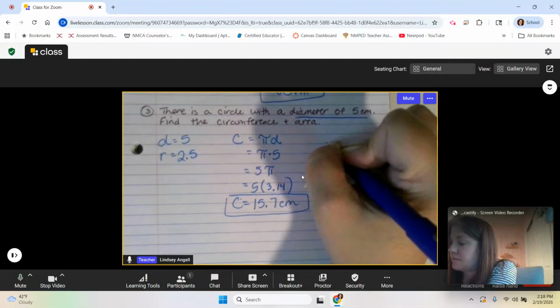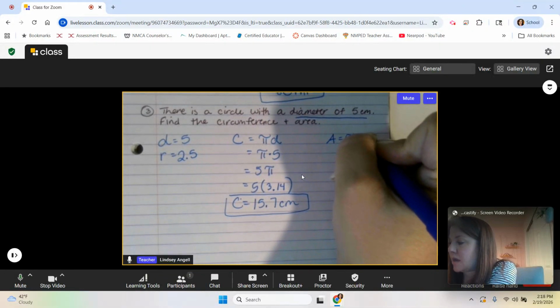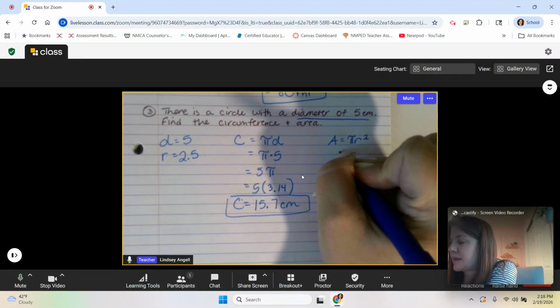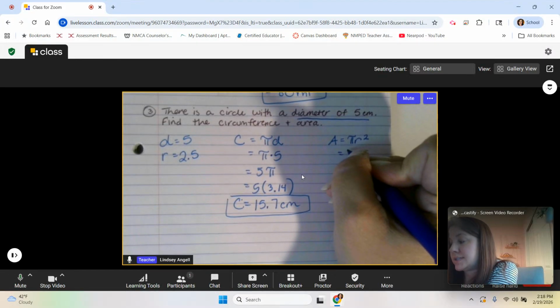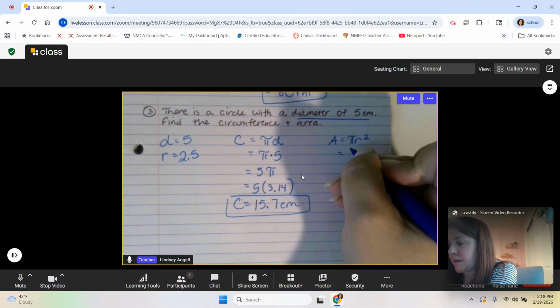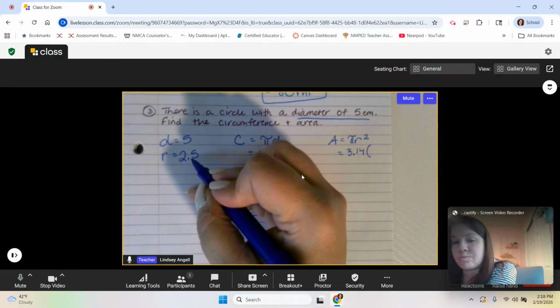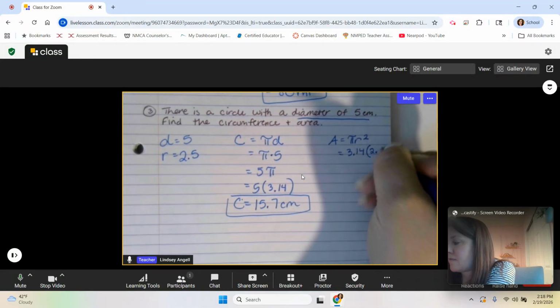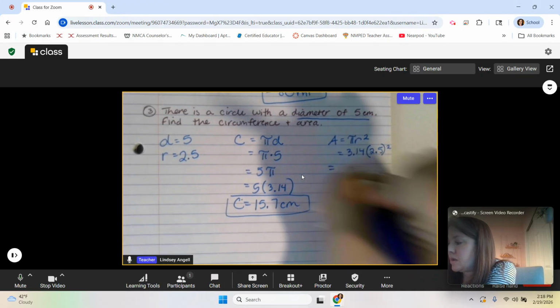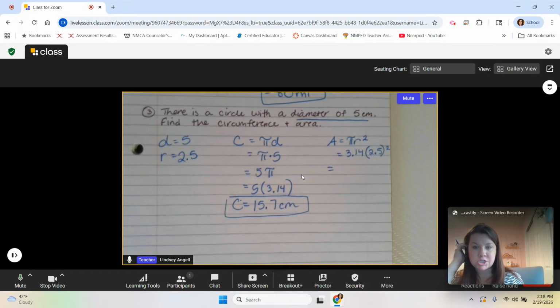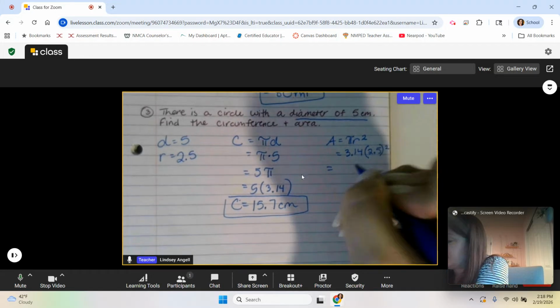For area, that's like the space inside of the circle, we have pi times the radius squared. So let's just say that we're going to replace pi with 3.14, so we'd have 3.14 times the radius, 2.5 squared. Well, according to the order of operations, we have to do 2.5 squared first, which is like 2.5 times 2.5. So 2.5 times 2.5 is 6.25.